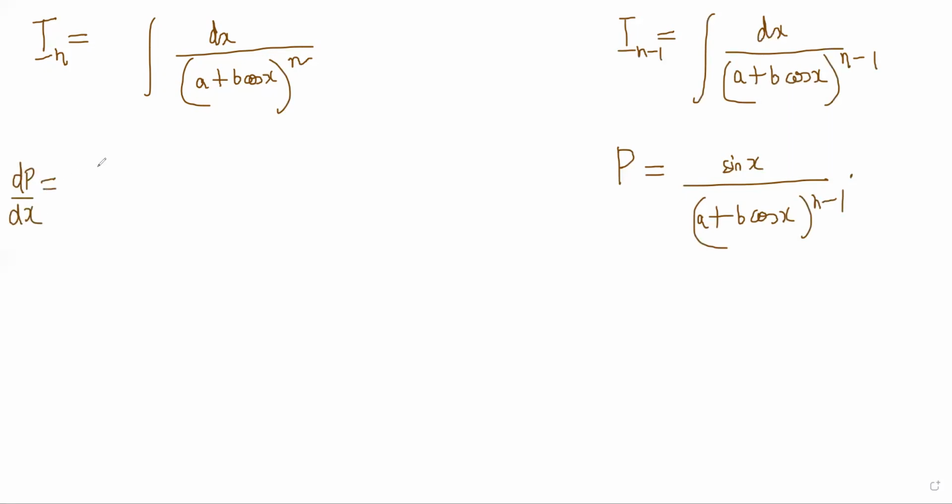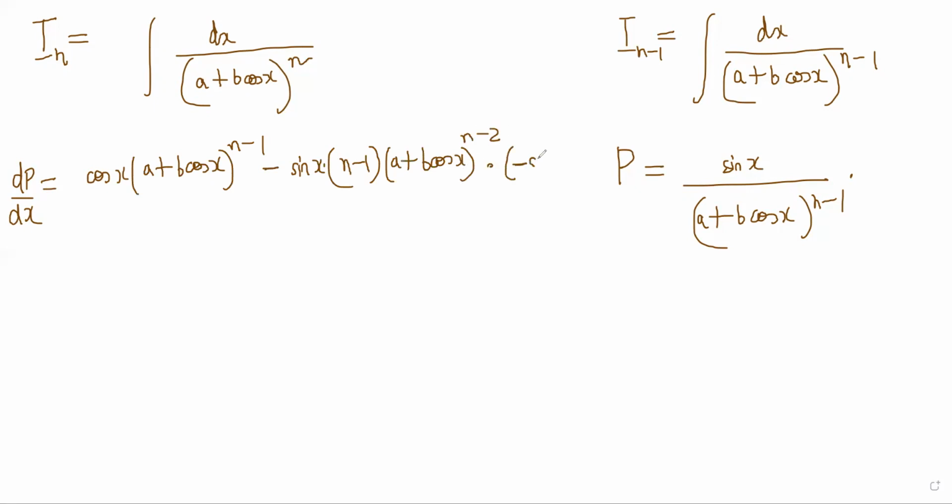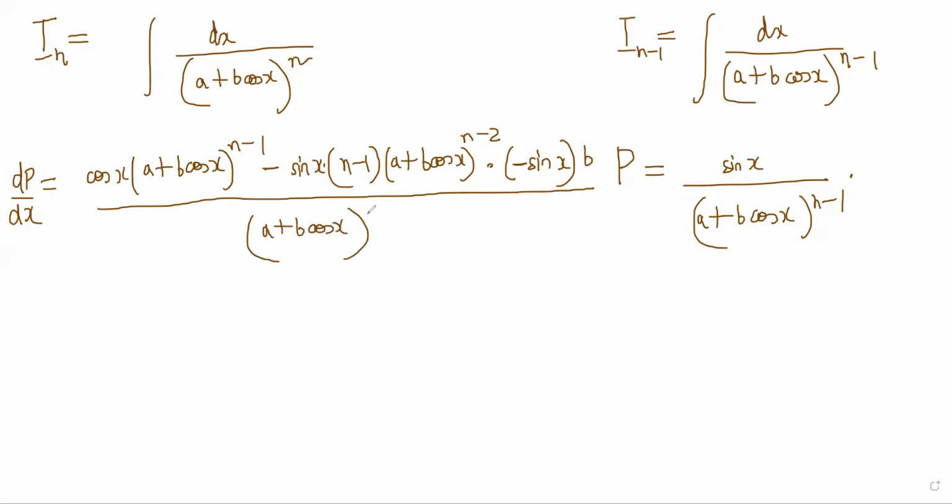What is dp by dx? It will be cos x multiplied by (a plus b cos x) power n minus 1, minus sin x, and differentiation of this will be (n minus 1)(a plus b cos x) power n minus 2 and minus sin x, right? Minus sin x into b actually, divided by (a plus b cos x) power n minus 1 whole square. So 2n minus 2, right?